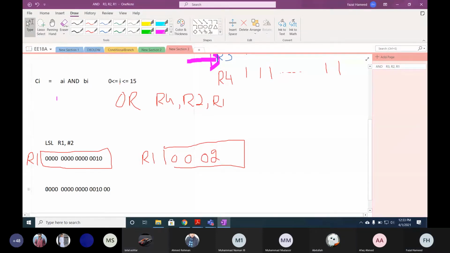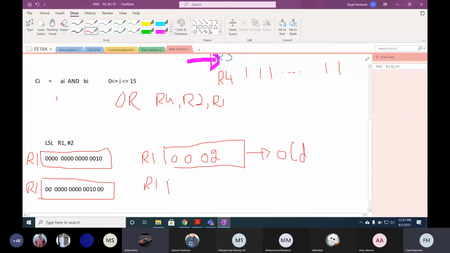Right, sir. And we will remove 2 zeros from the right. So the new contents of R1 will be like this. So this is the old content, and now what will be the new content? 0 0 0 8.